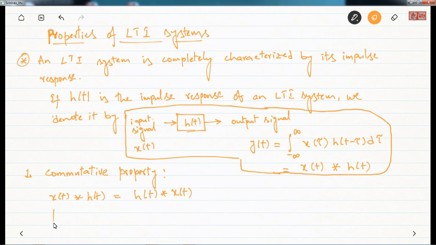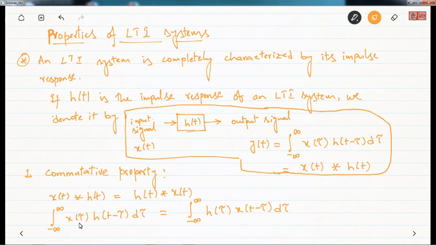So the integral from minus infinity to plus infinity of x of tau h of t minus tau d tau is the left hand side, and the right hand side is the integral from minus infinity to plus infinity of h of tau x of t minus tau d tau.